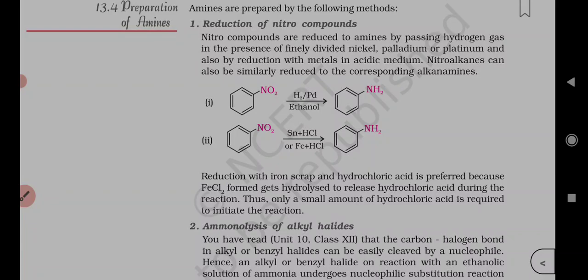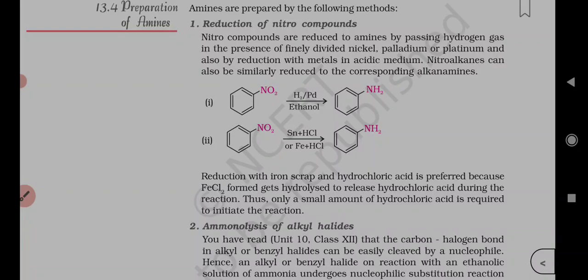Now the second method is reduction with metals in acidic medium. So nitrobenzene, by reducing it with tin, Sn plus HCl, or iron plus HCl, Fe plus HCl, we get benzenamine or aniline.